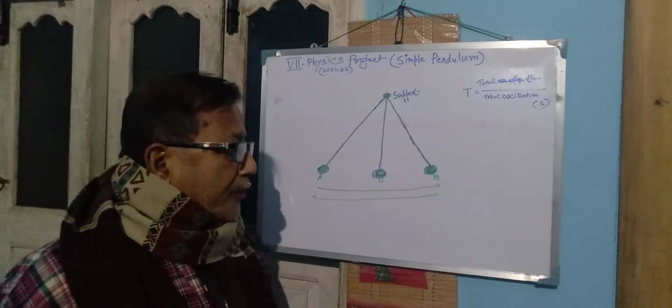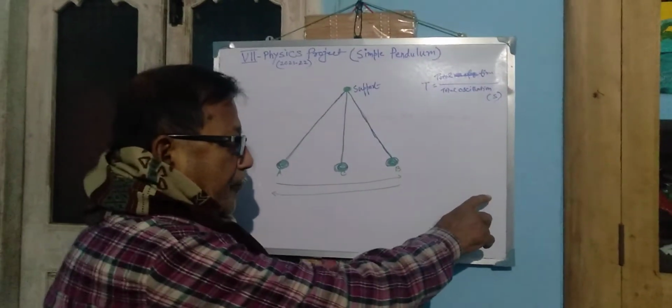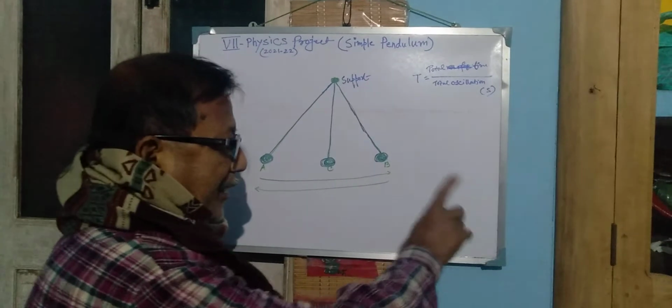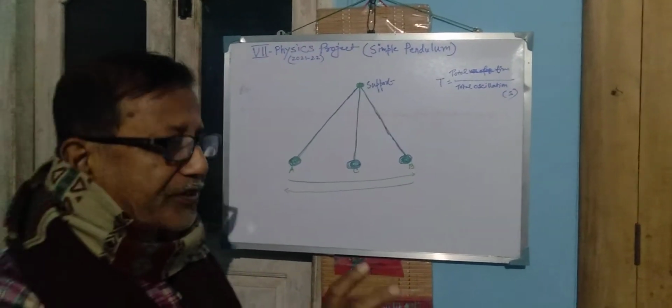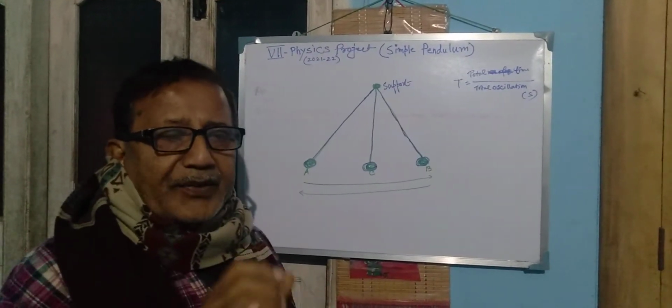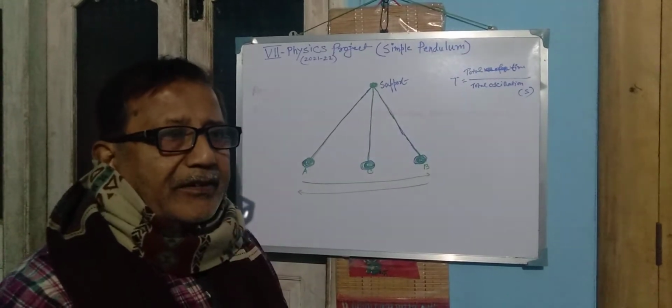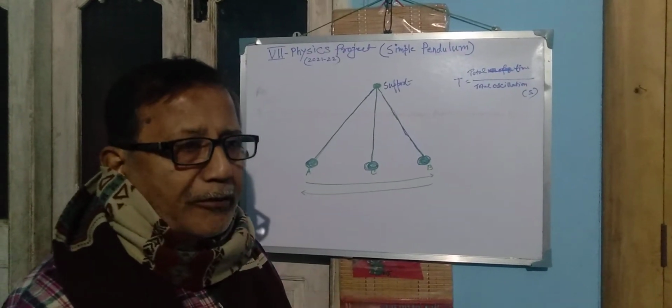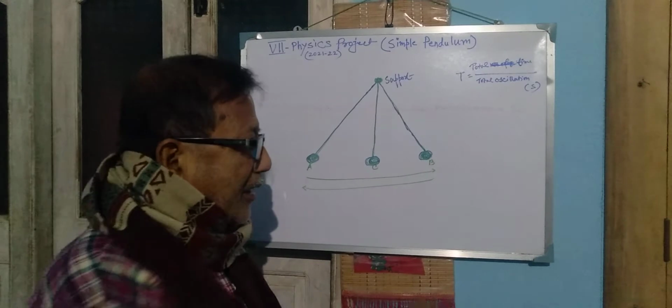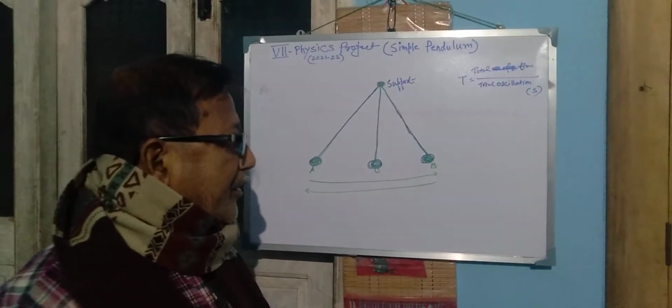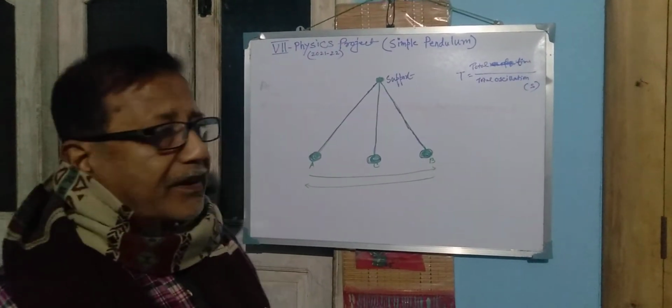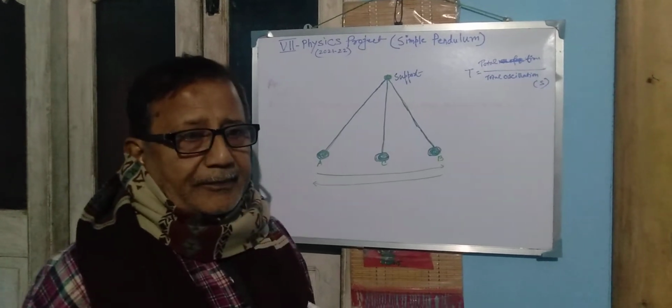Now what will you do? All these time periods you have to add, and then divide by 3, because you have taken observations 3 times. After that you will get the average time period, and that will be your answer.